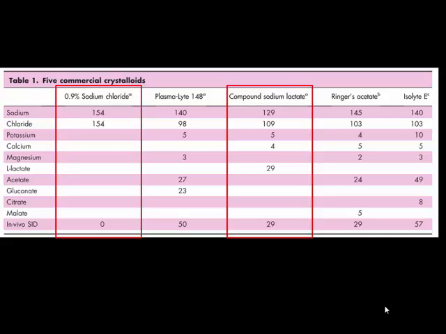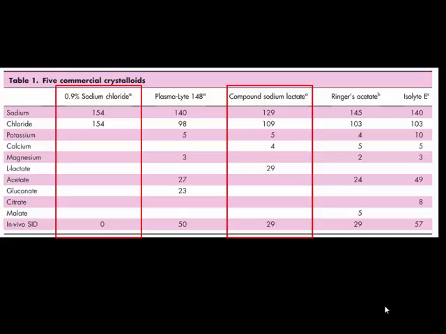This is a table showing the composition of the two most commonly used crystalloids. Sodium chloride has 154 milliequivalents of sodium and 154 milliequivalents of chloride, with a strong ion difference of 0.